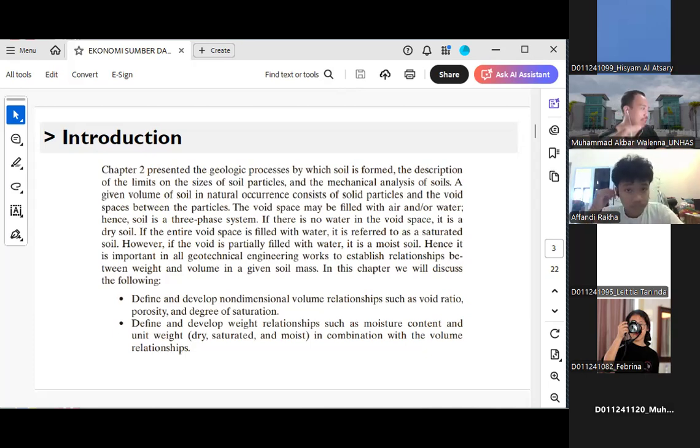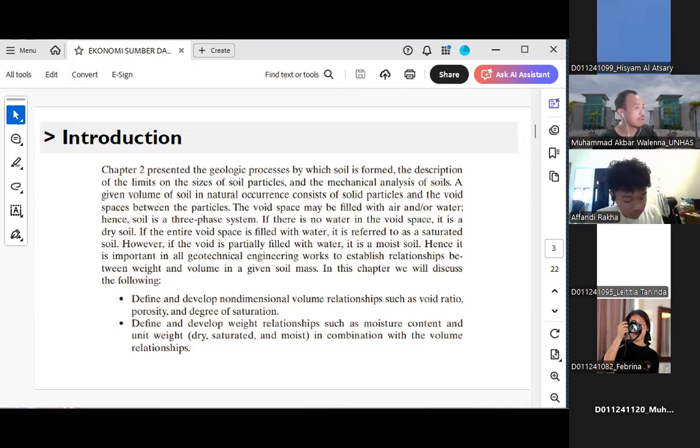If we take a handful of soil, it actually has three components: first the solid grains, and it also contains water, and it also contains air. So soil is comprised of three major components: solid, which is the soil particles or grains, water, and air. That's why we call soil a three-phase system.